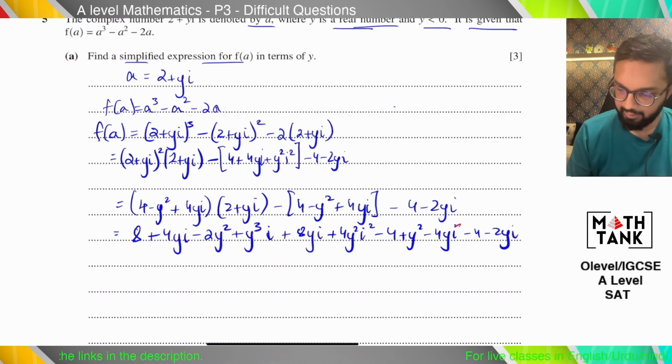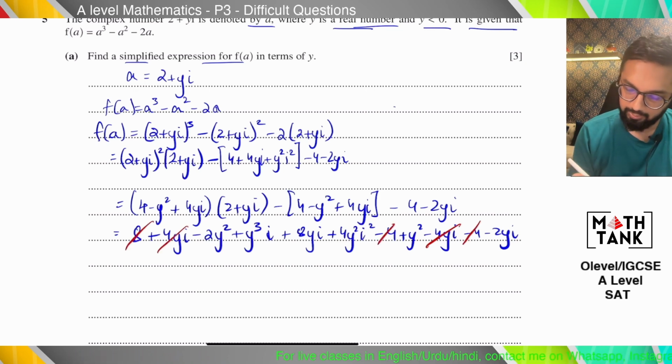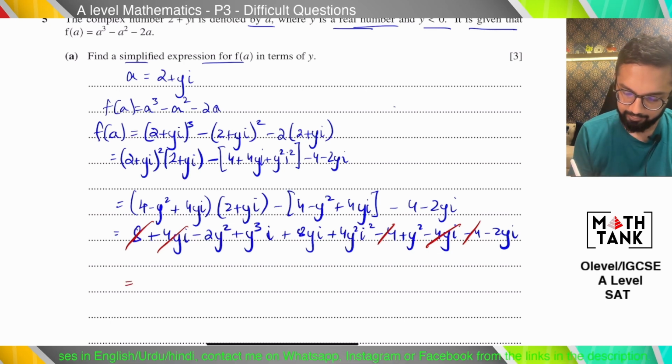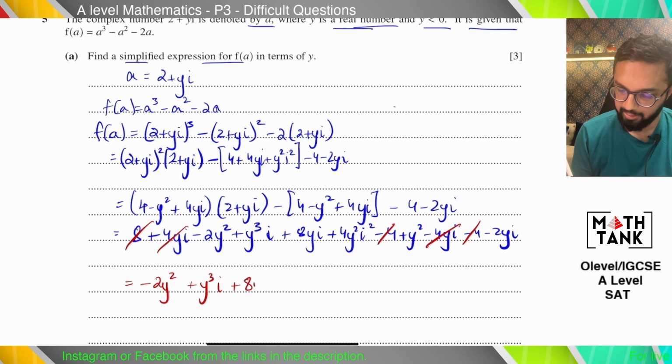I see something cancelling out. Let's just cancel that out on the go so that my expression becomes simpler. So I have 2 minus 2y squared plus y cube i plus 8yi minus 4y squared plus y squared minus 2yi.